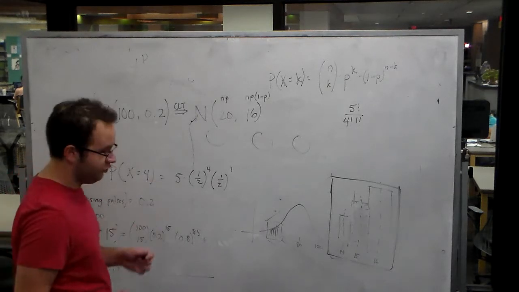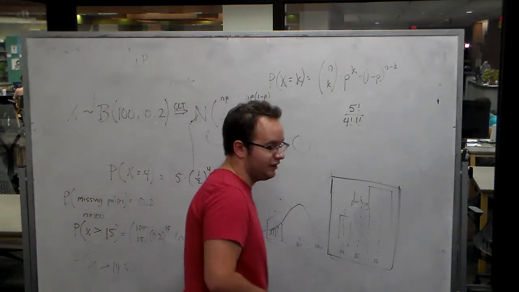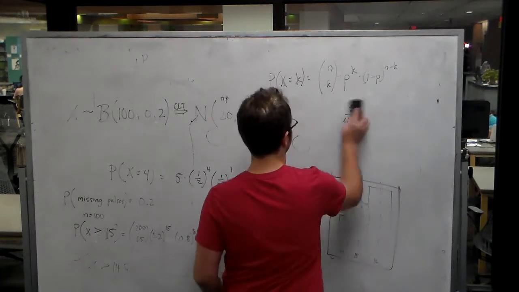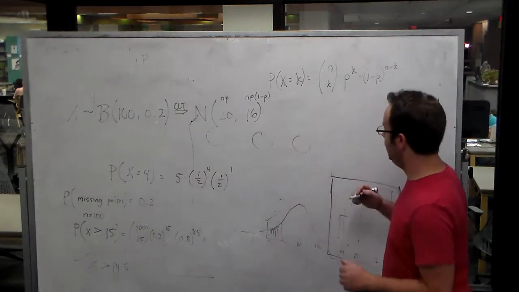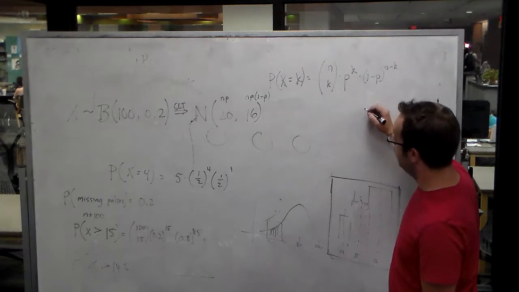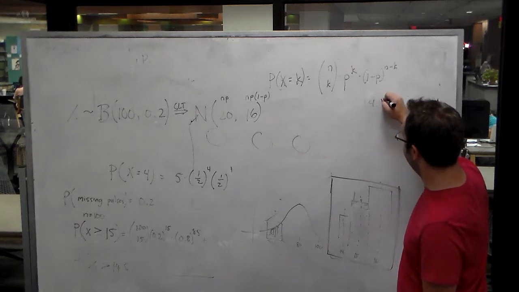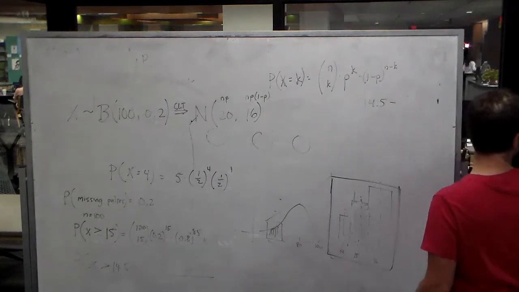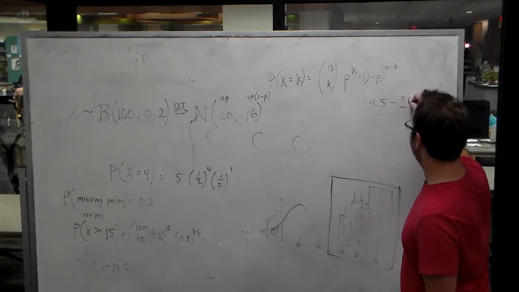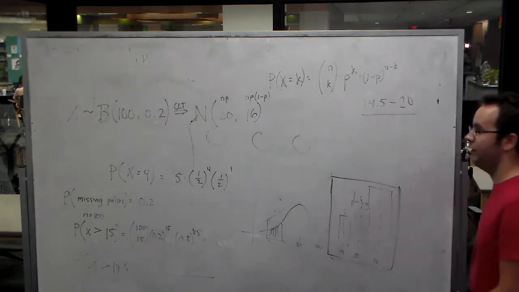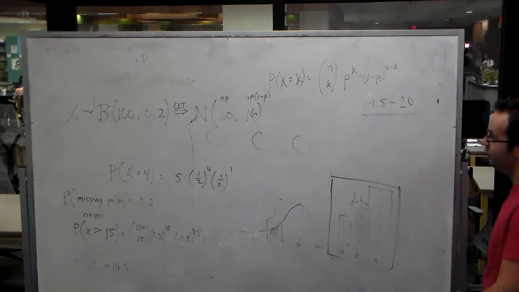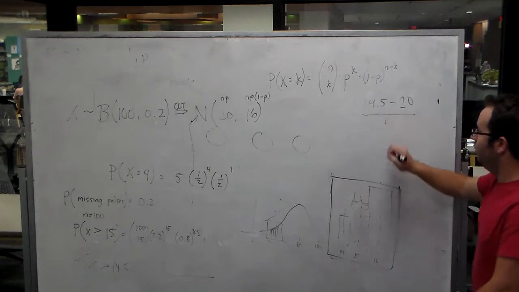How do we do this using the normal distribution? This is where we use that x minus mu shift, right? So we have 14.5 minus 20 over, do I divide by sigma, which is 4? Why is sigma 4?